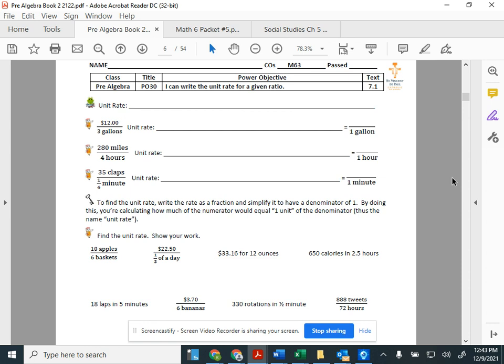So let's fill in our definition of what a unit rate is. Let me try using the blue and see if we can see that a little better. So a unit rate is a rate or ratio or fraction with a denominator of 1.